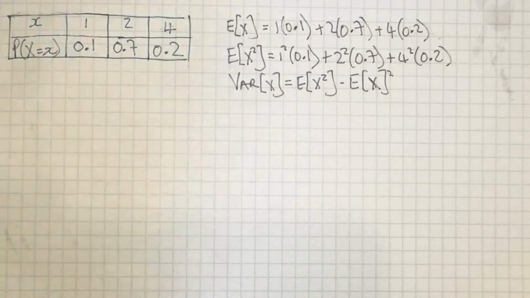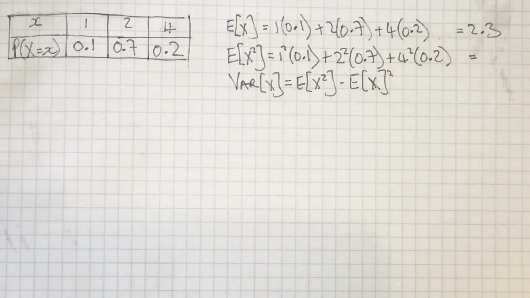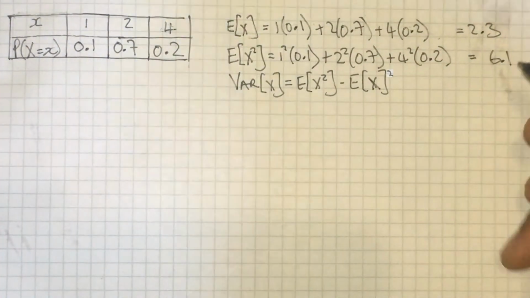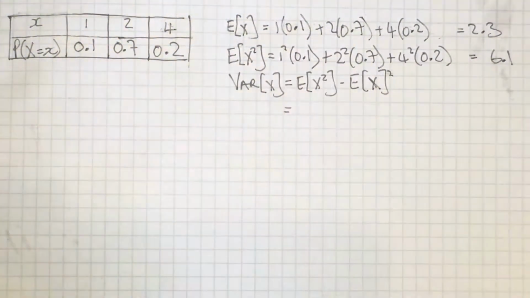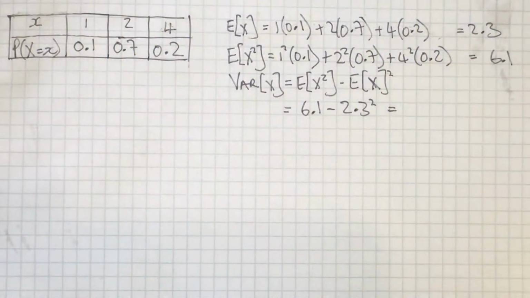If I go ahead and find the numerical values, we see that E of x is 2.3, E of x squared is 6.1, and then combining them in the variance formula, 6.1 minus 2.3 squared equals 0.81.